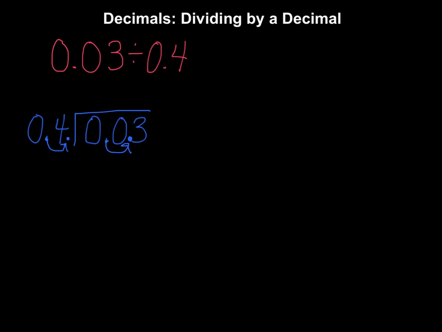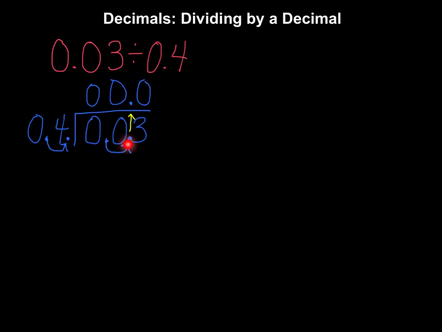Now once we're all set with that, bring up your new decimal to the answer and divide just like you would divide by a whole number. So 4 goes into 0, 0 times. 4 goes into 0, 0 times. 4 goes into 3, also 0 times.